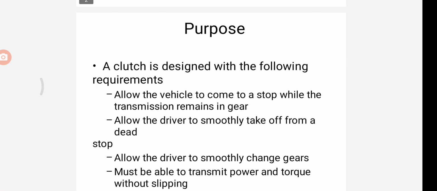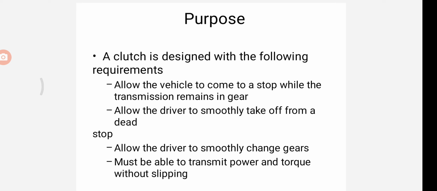Next we are going to see the purposes for which we use clutches in automobiles. A clutch is designed with the following requirements. First of all, it allows the vehicle to come to a stop while the transmission remains in gear.